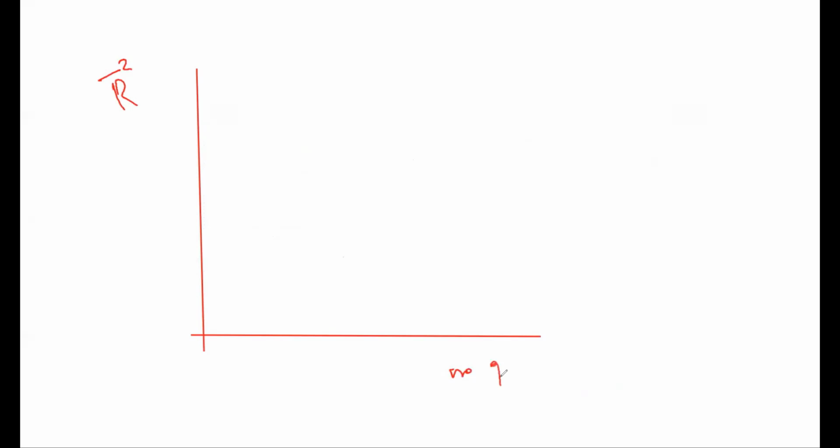So let's draw. Suppose you have this graph, and here you have the value of R square, adjusted R square, and here you have the number of IVs. Initially when you increase the variables, the adjusted R will increase, but after a certain time the model will become complicated and the adjusted R will tend to slow down.